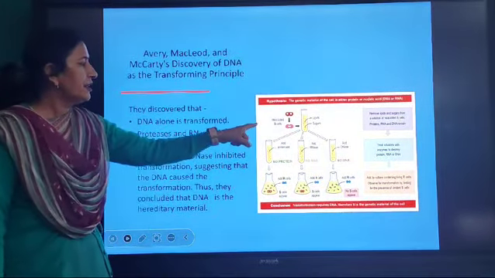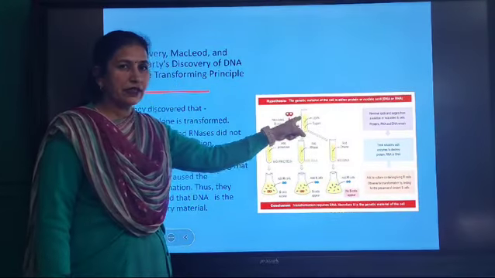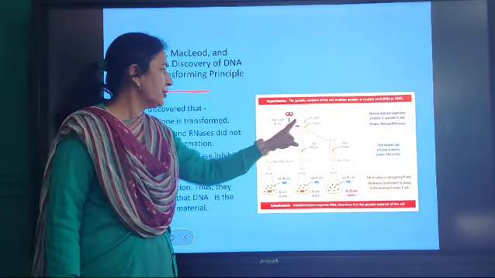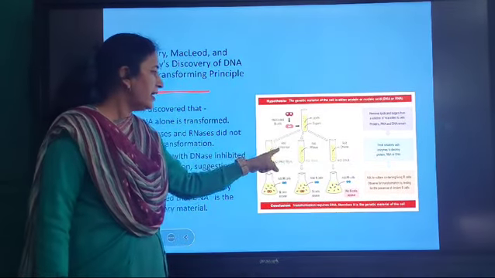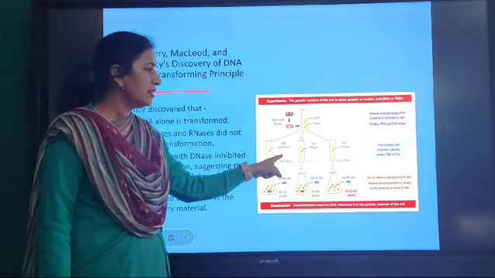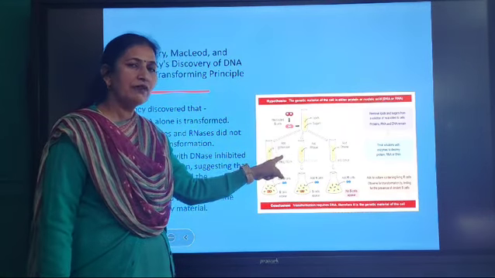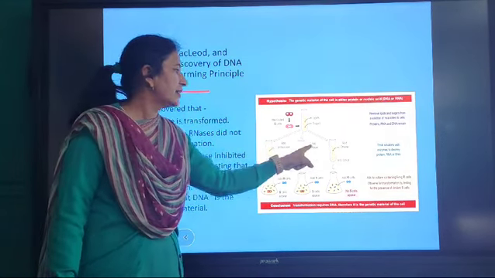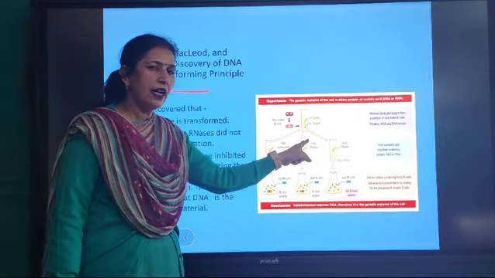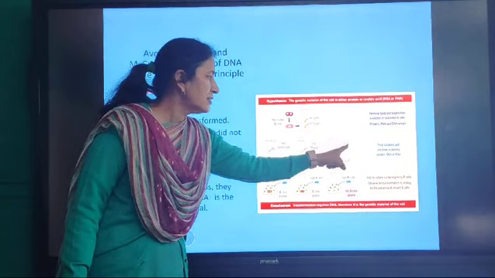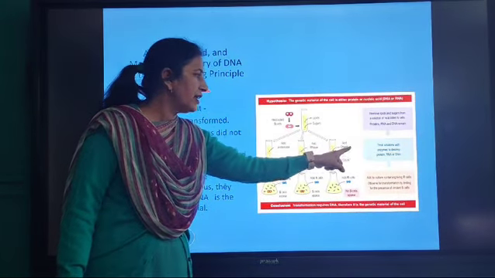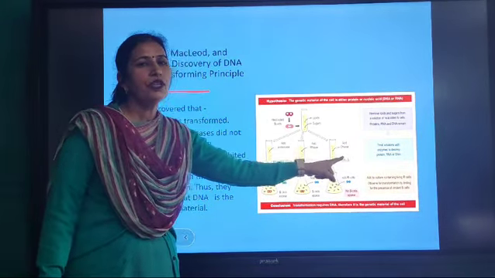What they did was take heat-killed S strain and divide it into three samples. In one test tube, they added protease, meaning in this test tube, protein was inactive. In the second, they added RNase, meaning there is no RNA. In the third, they added DNase, meaning there is no DNA.